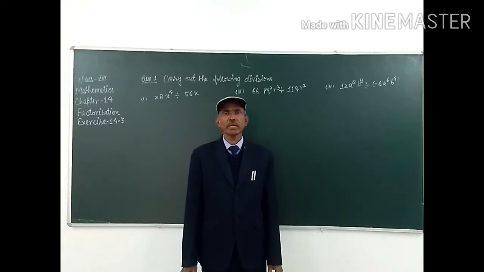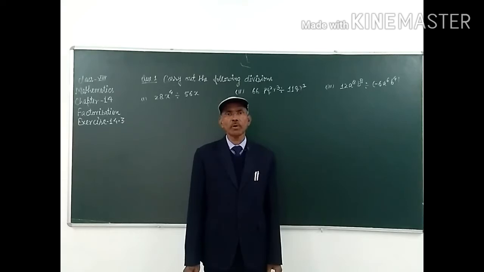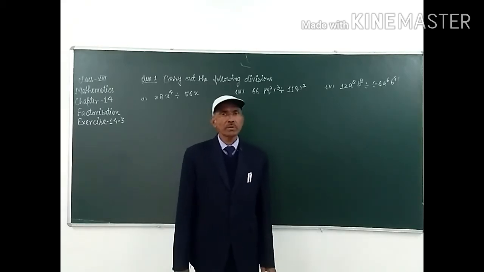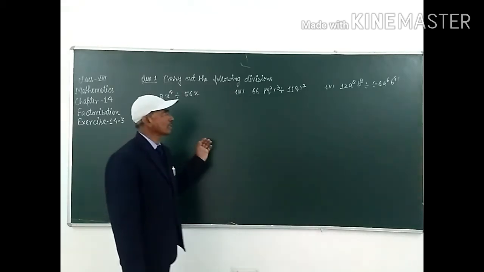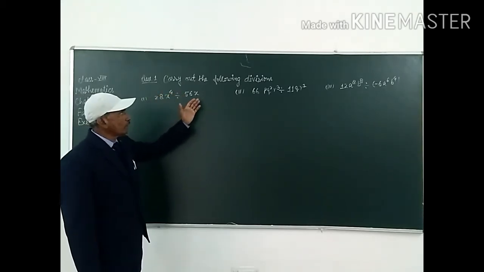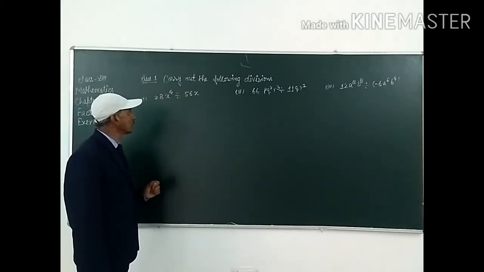Today we will solve the questions from exercise 14.3. In this exercise, we have to find the divisions of algebraic expressions. So, students, in this first question is carry out the following divisions.